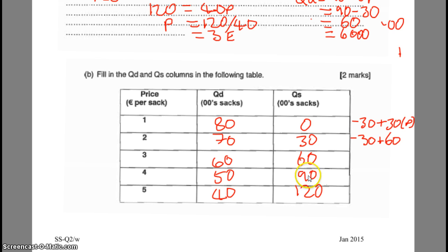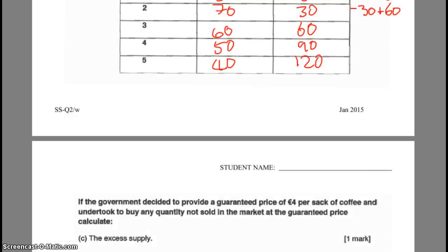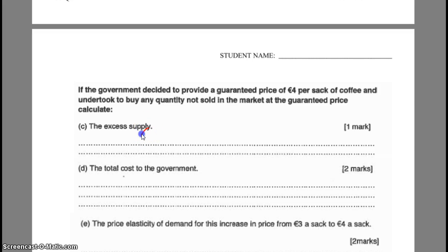There's more being supplied than demanded, so there's excess supply, so we just need to work out the difference between supply and demand. So 90 minus 50 equals 40, and because it's in hundreds, that would be 4,000 sacks.